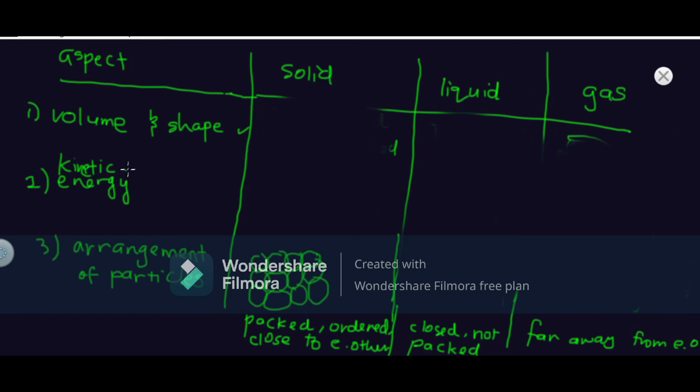Therefore, kinetic energy, which is caused by movement, is very low for particles in solid. So we can write here: low kinetic energy. How about the particles in liquid? Look at this arrangement. These are close but not packed.